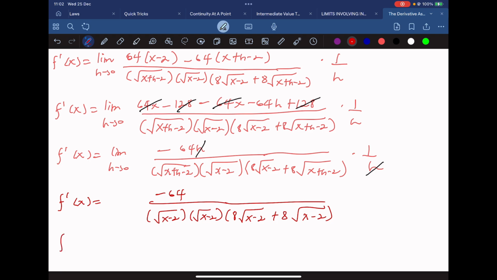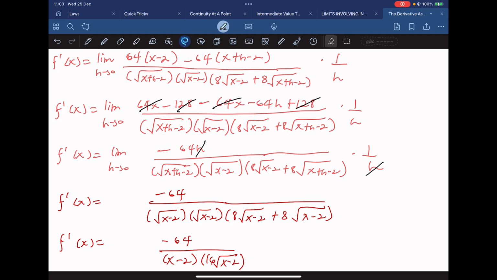So our f prime of x is minus 64. Now if we multiply this and this, the square root goes away. So we have just x minus 2. And now if we add 8 plus 8, that is 16. So we can have 16, then square root of x minus 2.